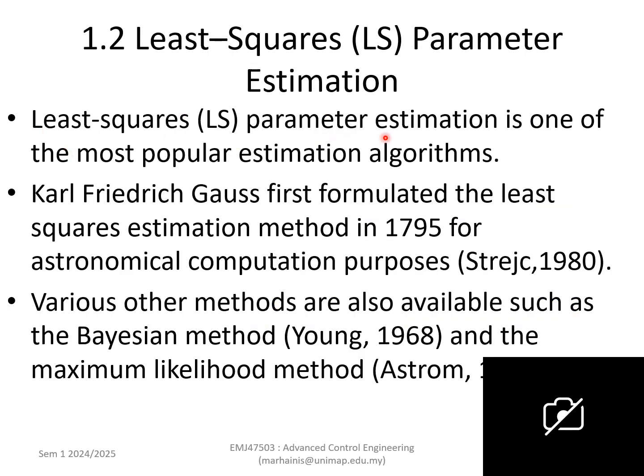Least square parameter estimation is one of the most popular estimation algorithms. Carl Friedrich Gauss first formulated the least square estimation method in 1795 for astronomical computation purposes. Then, variations and other methods are also available, such as the Bayesian method in 1968 and the maximum likelihood method in 1918.